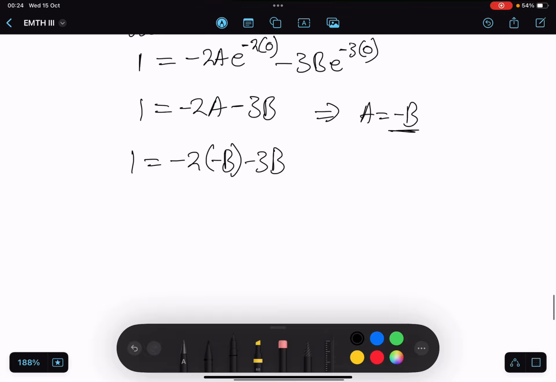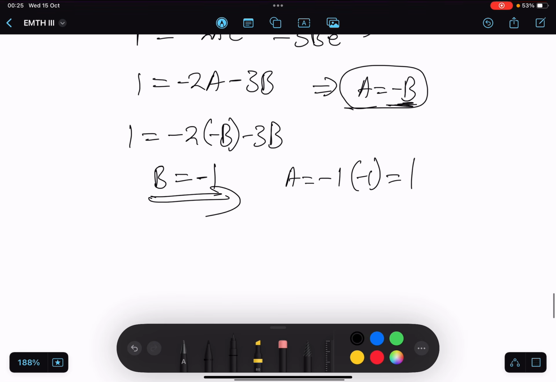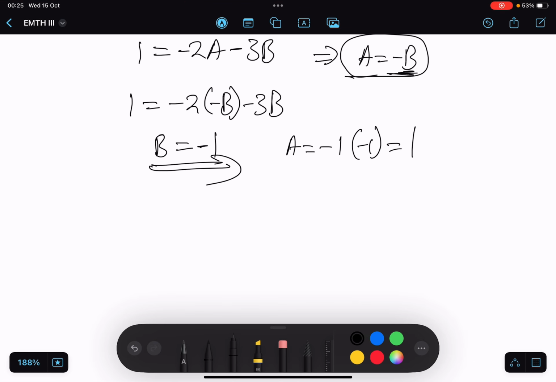If we solve this, we get that b = -1. So in the first equation, where there is b, we substitute -1, so a = -(-1) = 1. Now we have found our arbitrary constants: a = 1 and b = -1.